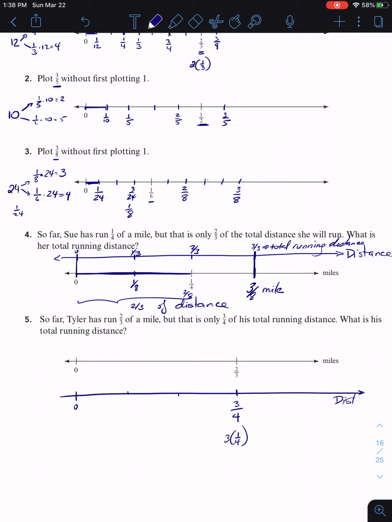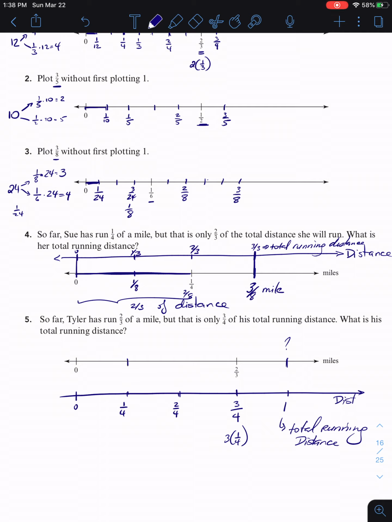So we want to partition the distance that he ran into the quarters, because we have 3 of them, and figure out where the total running distance will be. So this is our total running distance. So this is what we want to learn in miles.